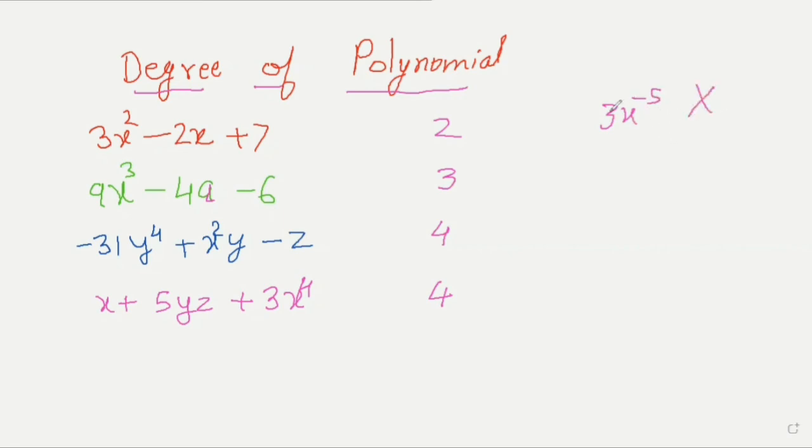No. Polynomials are algebraic expressions in which the powers of the variables are always positive whole numbers. So 3y raised to 1 by 2 is again not a polynomial. Did you understand the meaning of polynomial, children? Polynomials are the algebraic expressions having the powers of the variables as positive whole numbers. Remember, children. And the highest power of the variable is called the degree of the polynomial.